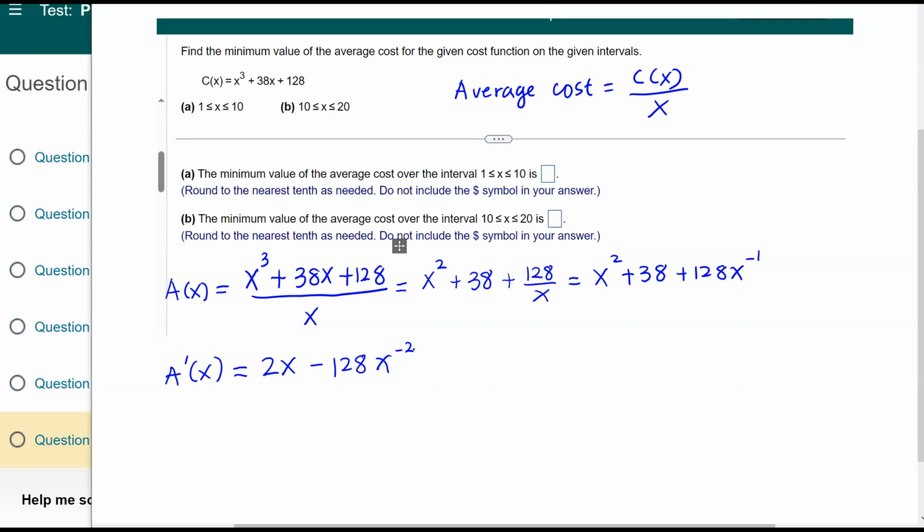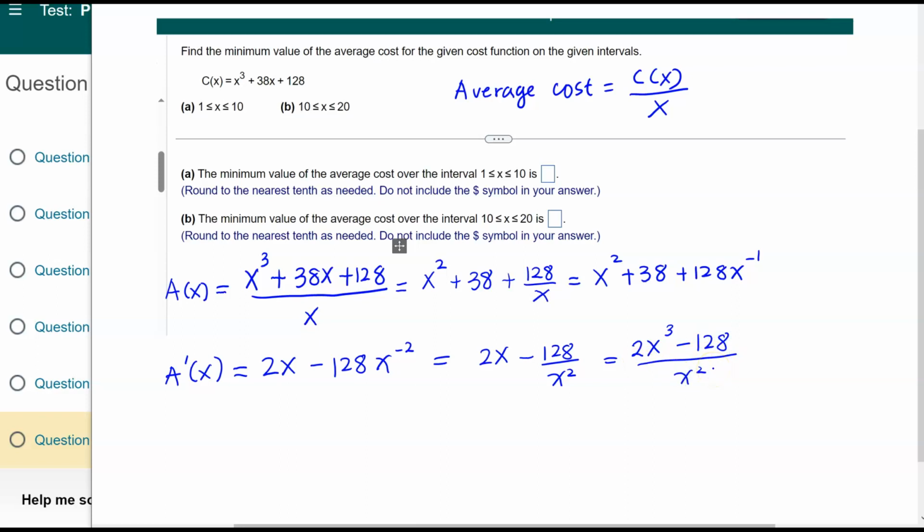Then now you can write this as 2x minus 128 over x squared, which is also the same as 2x cubed minus 128 all over x squared.